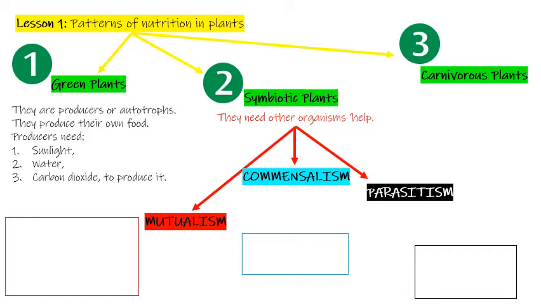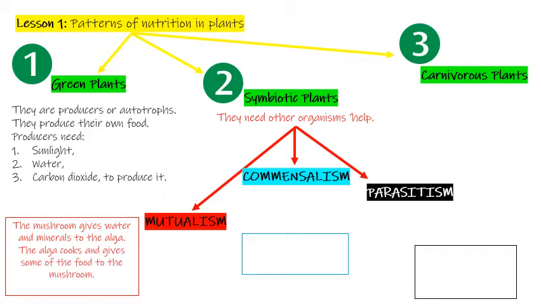In mutualism, let me remind you of the example of the lichen. The lichen is a symbiotic plant that forms by the association of a mushroom with a green plant, which is the alga. The mushroom brings water and minerals and gives them to the alga, the green plant. This green plant now has everything.